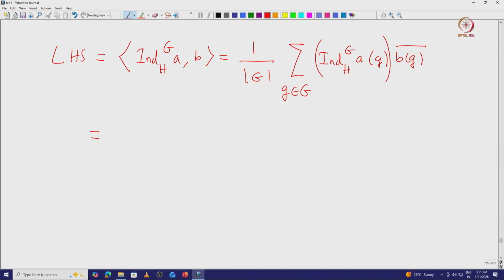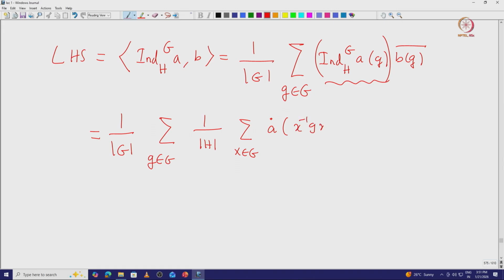So now if you just rewrite the definition of this induction, then what do we get? We get exactly 1 divided by the cardinality of G, summation g in G, now 1 divided by cardinality of H, summation x in G. So now you get this A dot of x inverse g x. So this is what you get. So this term is exactly this term, and times you have this B of g bar.